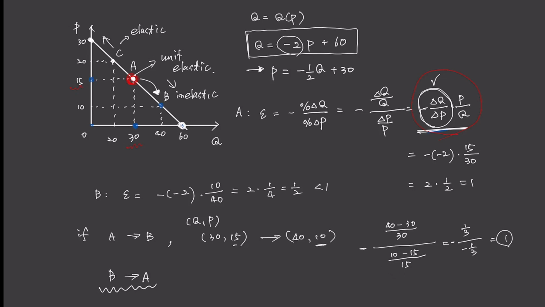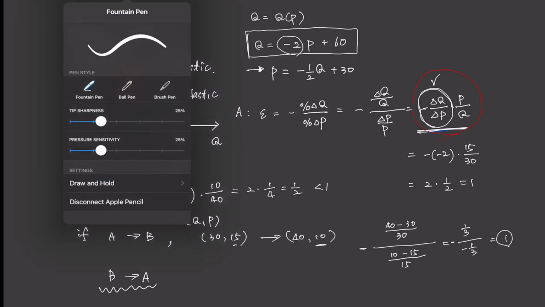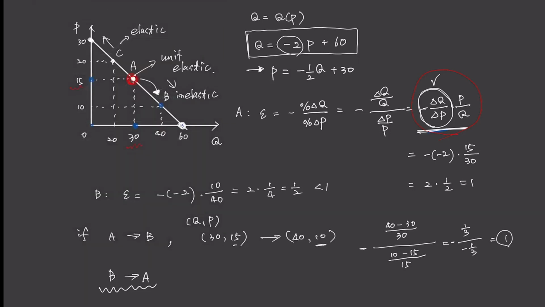The percentage itself is not exactly the same, because going from 40, 10 to 30, 15, the base original value, which is the denominator, changes. The change itself is the same in magnitude, but where it starts is totally different. So you will find a different answer for this elasticity.